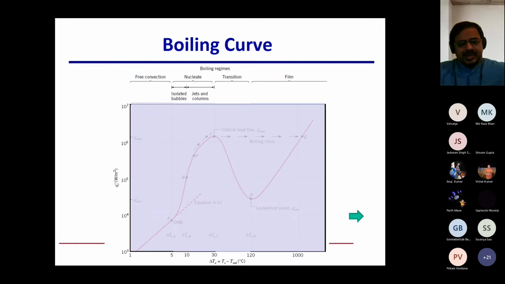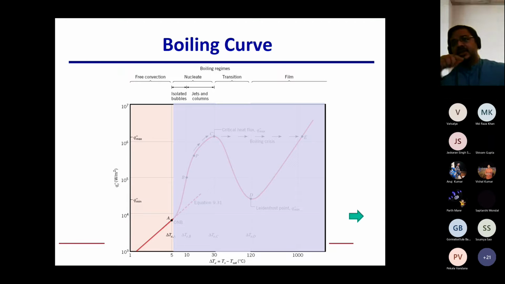Okay. So now what happens is, this is a log scale, as you can see. At the initial stages, when I have small degrees of superheat, like 5 degrees, low single digits, even though the temperature of the surface is above the boiling point, boiling per se doesn't happen.